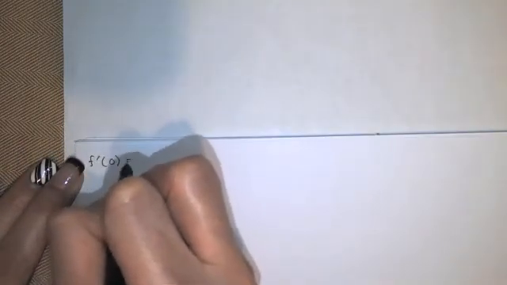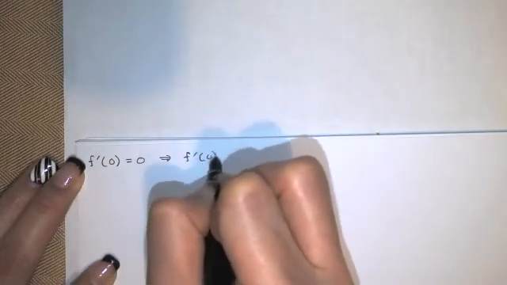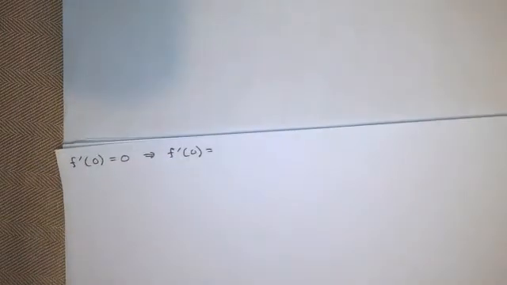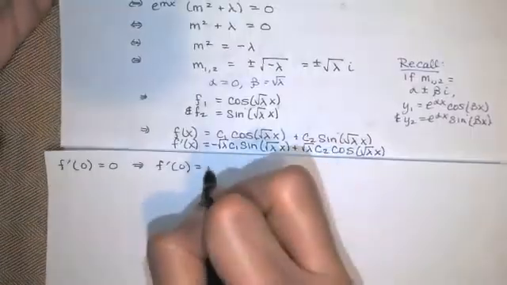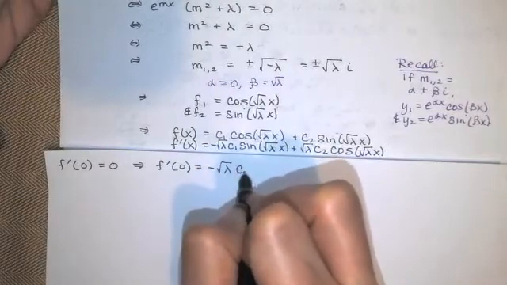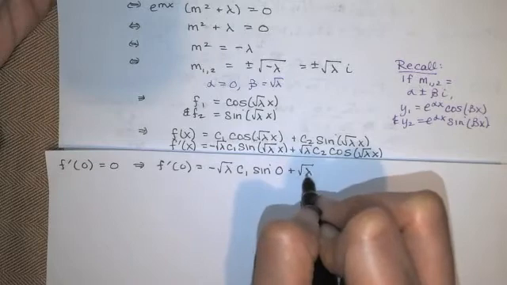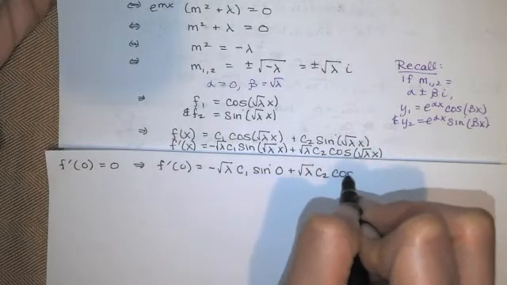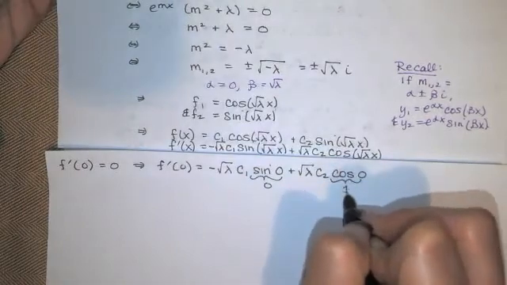Okay, now let's go to our boundary conditions. f prime of 0 equals 0. That tells us that f prime of 0 is this. Substituting again into our f prime, we've got negative square root of lambda times C1 times sine of 0 plus positive square root of lambda times C2 times cosine of 0. Sine of 0 is 0 and cosine of 0 is 1.